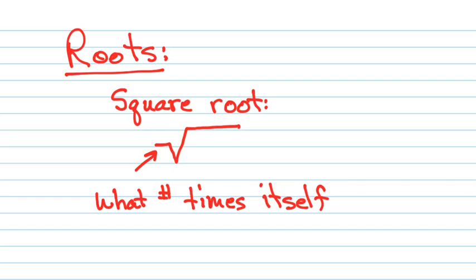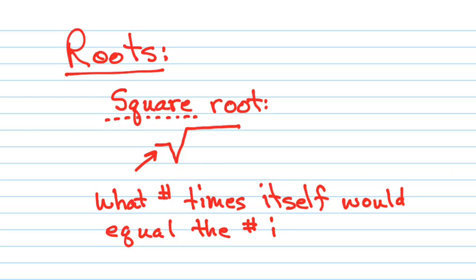And we know it's times itself because of that word right there. Square means exponent of 2. So that means we're multiplying something times itself. What number times itself would equal the number inside? So in other words, you're unsquaring something.